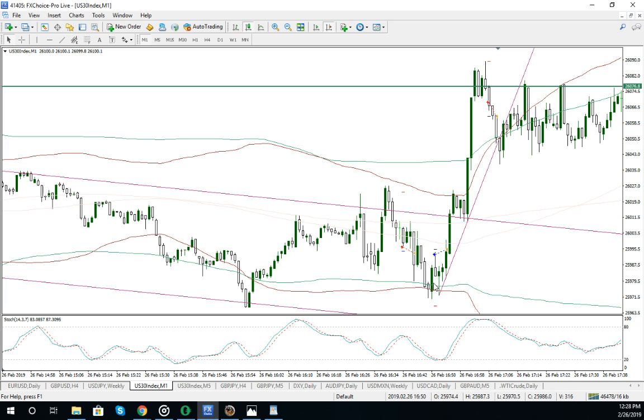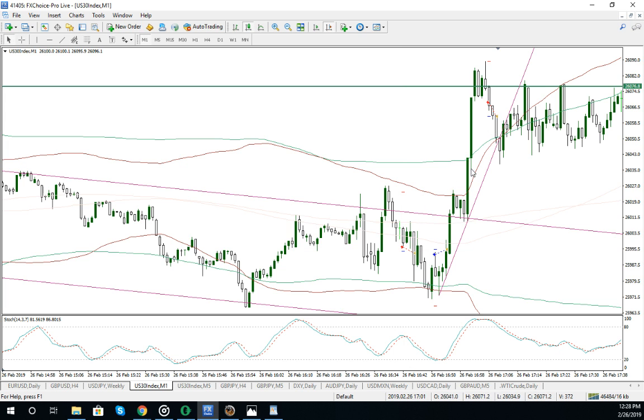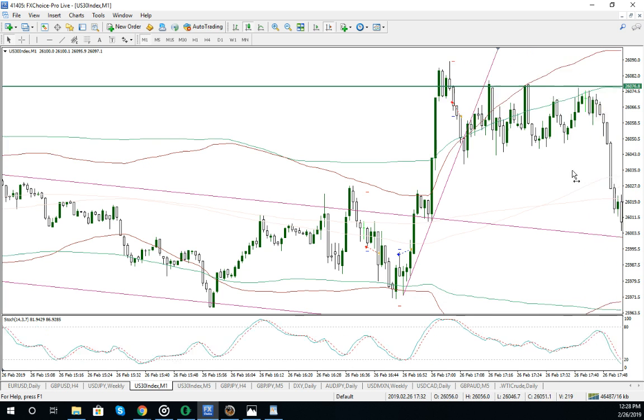This totaled about 12 pips, and we weren't even in the market for very long. We have about a half hour of trading. Then after this pretty steep trend was broken, we moved sideways.